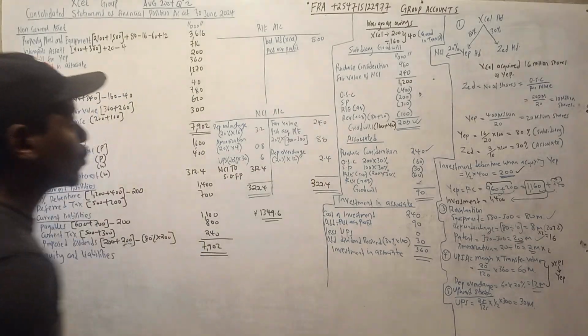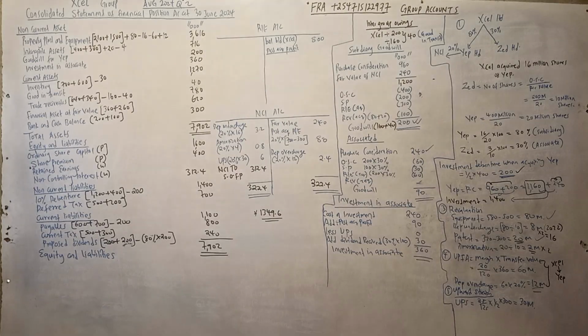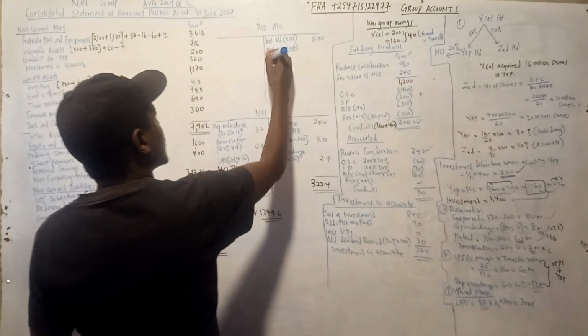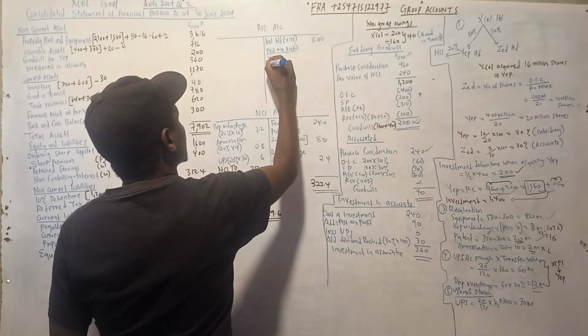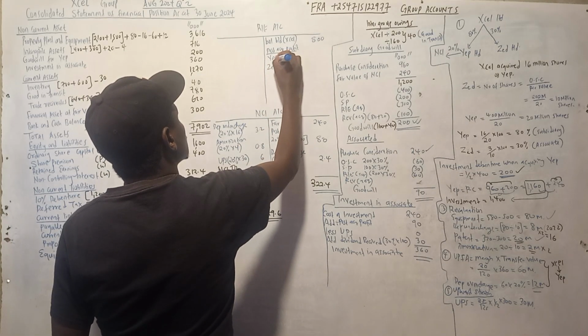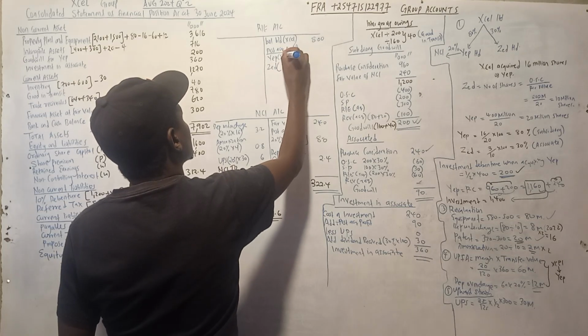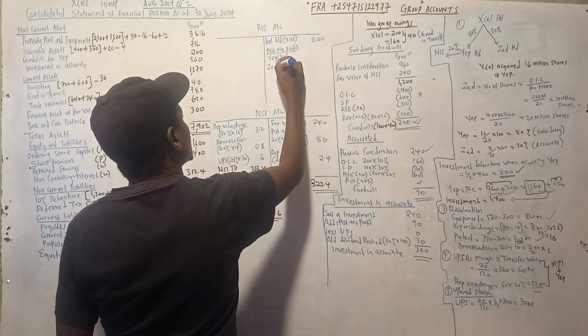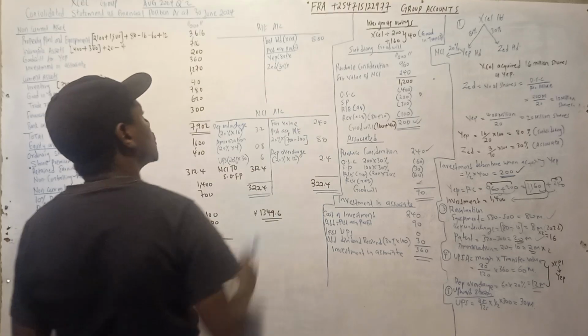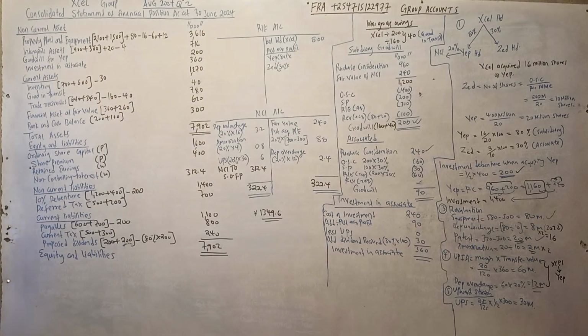So for post acquisition profit, we need to start with the one for YEP and then Z. YEP is 80% and Z is 30%.